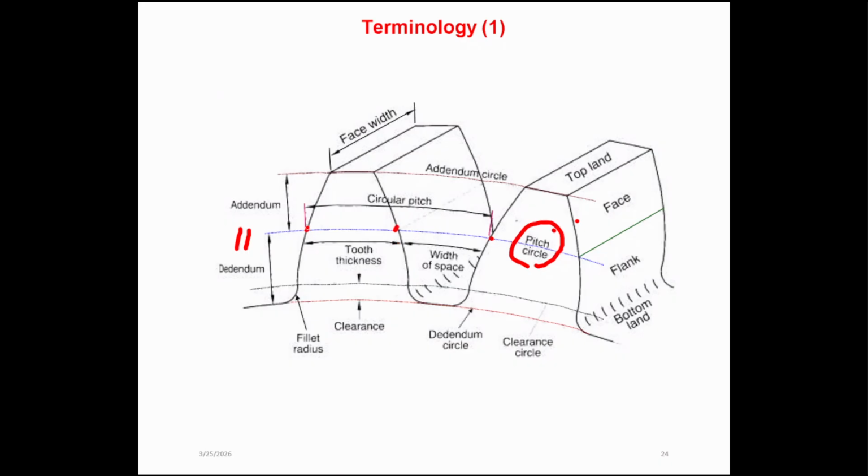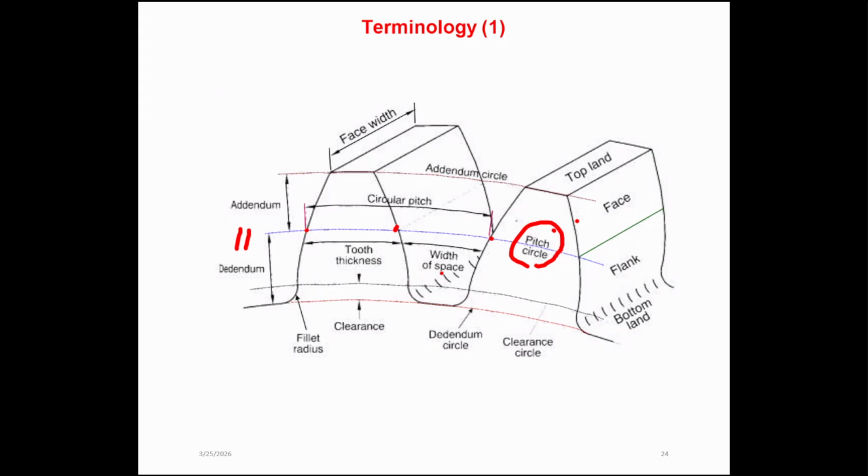If you measure the distance from one point to the corresponding point on the next tooth, it will be the circular pitch, right? And also this is the addendum circle, and this will be the dedendum circle, right? And what else? So that's all.